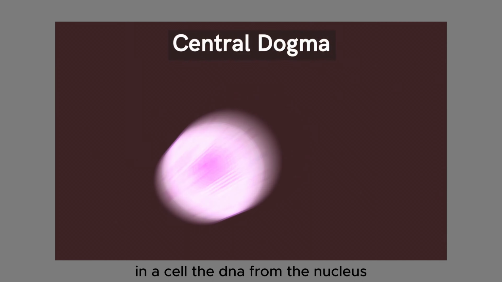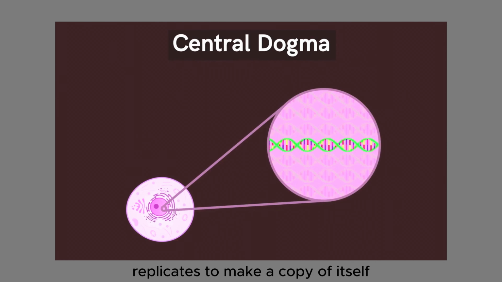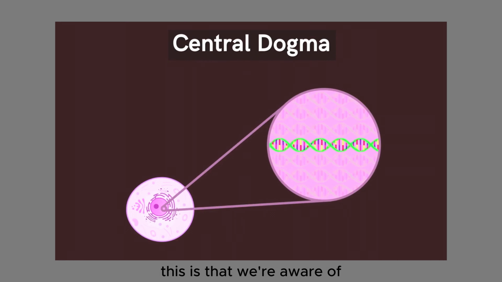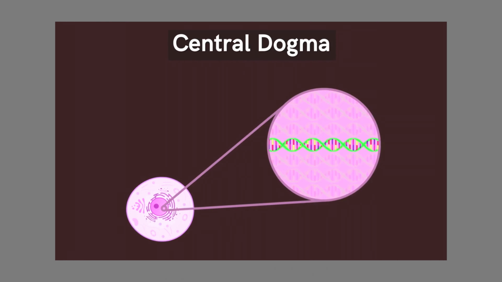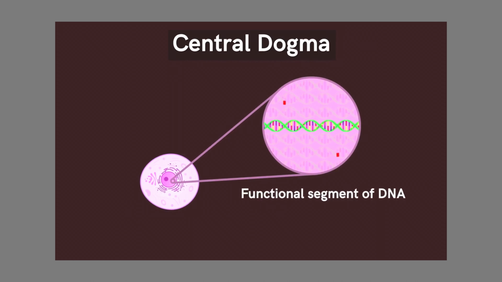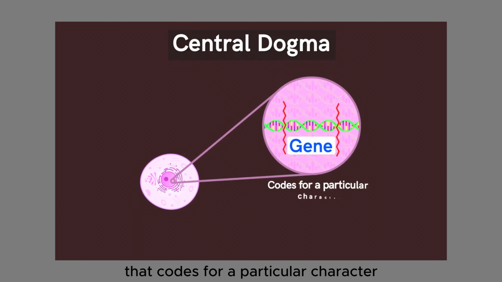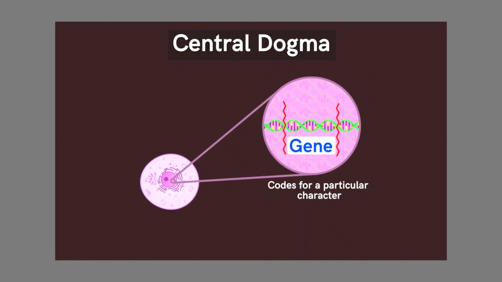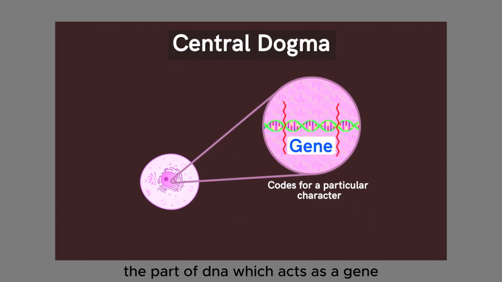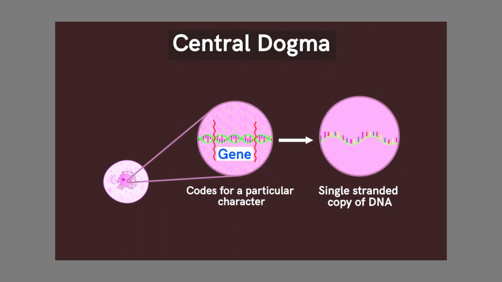In a cell, the DNA from the nucleus replicates to make a copy of itself. This is what we are aware of, but do we know what the functional segment of DNA is? It's a gene. It's the segment of DNA that codes for a particular character. The part of DNA which acts as a gene gets copied in the form of a single strand.